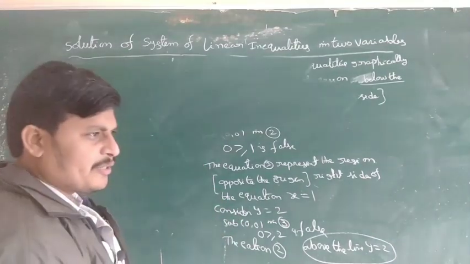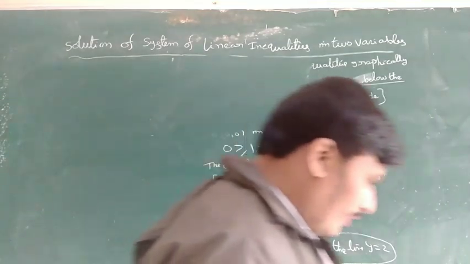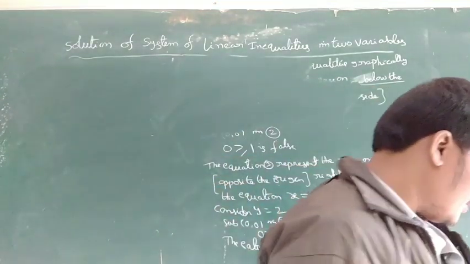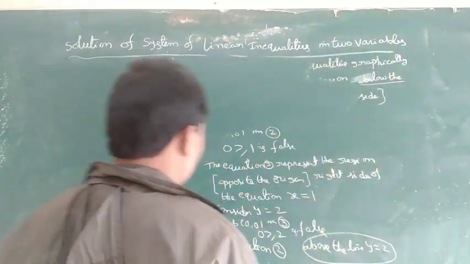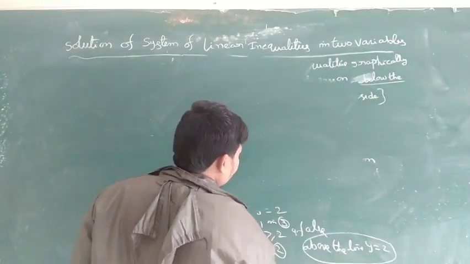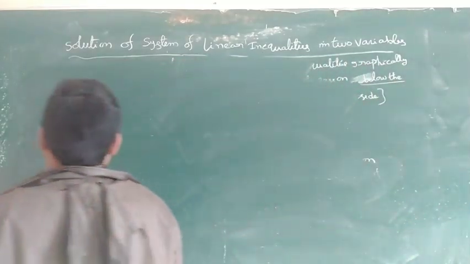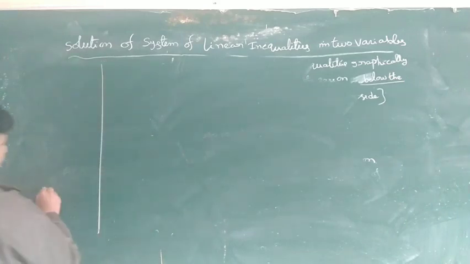For 3x plus 2y is equal to 12, the points are (0, 6) and (4, 0) on the graph.